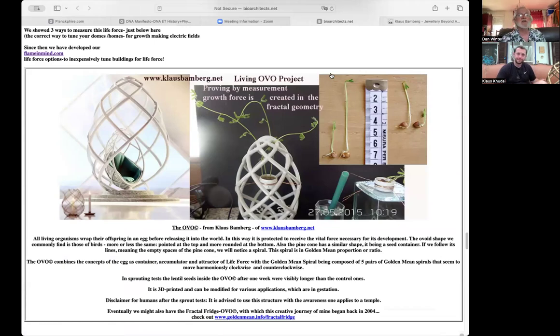Yes. Klaus started making these pine cone shapes when we were studying Fields of Form, Vortex of Life, and Lawrence Edwards' biodynamics, realizing that, as the biodynamic people say, when the pine cone opens and closes, it's adjusting the geometry of the capacitive seeds.